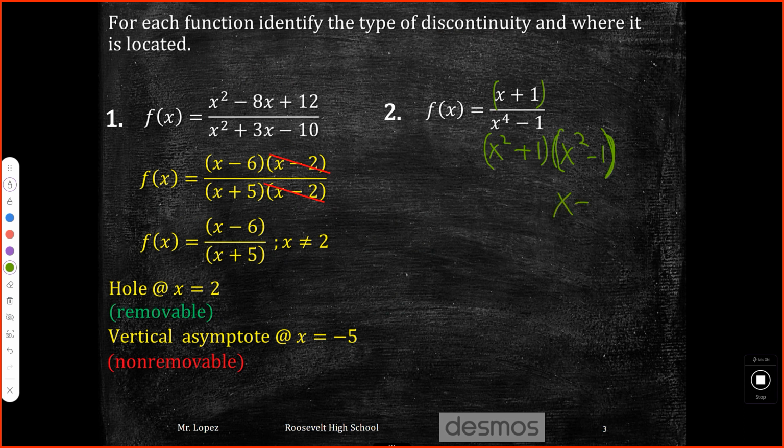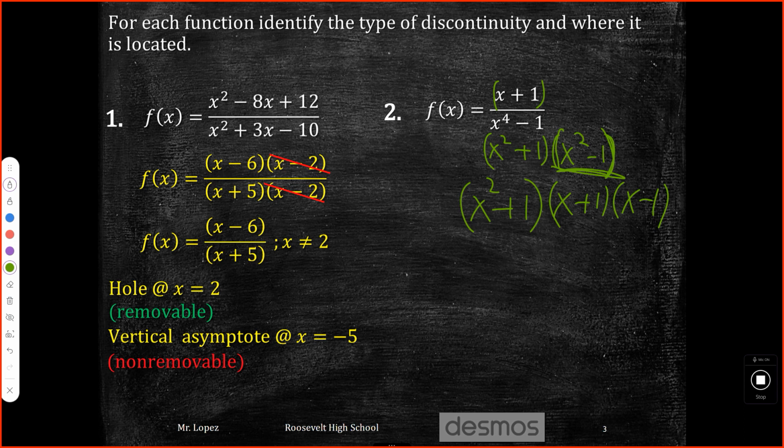X plus 2, x plus 1, x minus 2. So x minus 1, I'm sorry, x plus 1, x minus 1. X squared plus 1. The second factor could be factored out some more. So this is what we got.